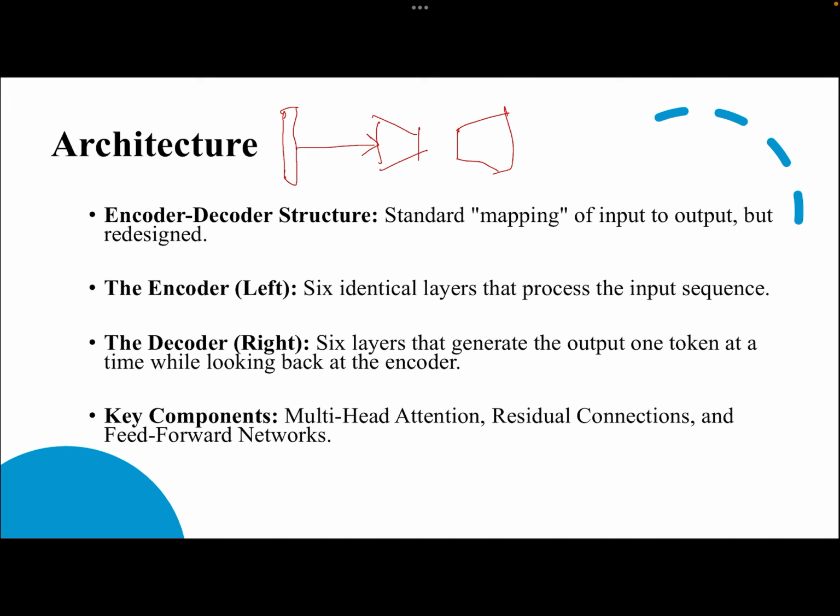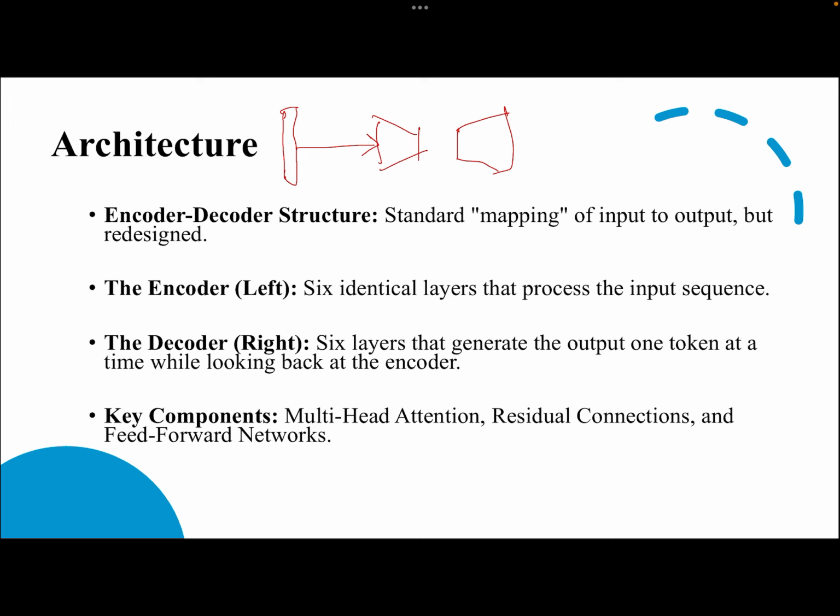Inside both the encoder and decoder we have multiple layers. Each layer contains three main components. First is multi-headed attention. Instead of using a single attention mechanism, the model uses multiple attention heads. We will understand what multiple attention heads are a little later. Each head focuses on a different type of relationship in the sentence.